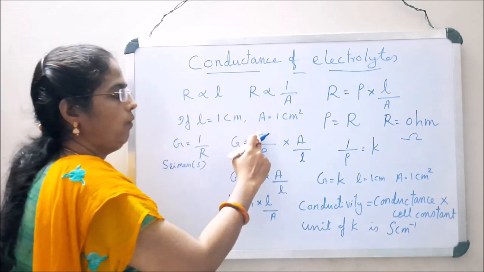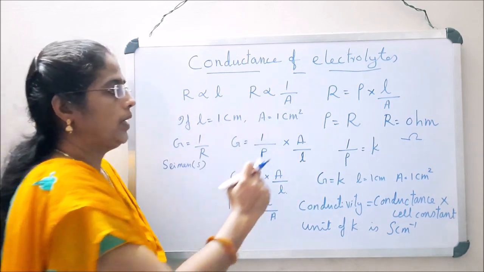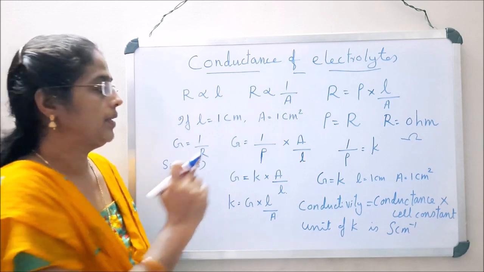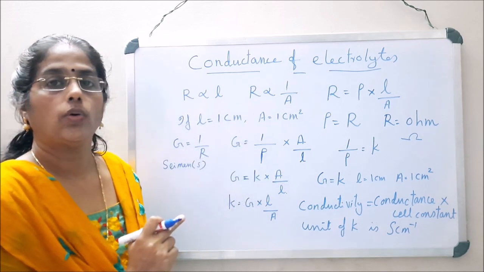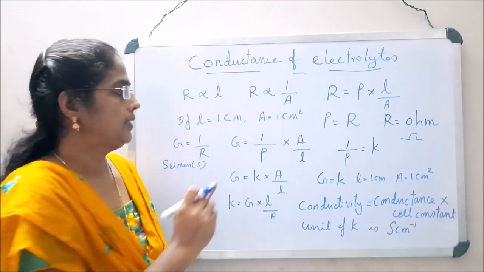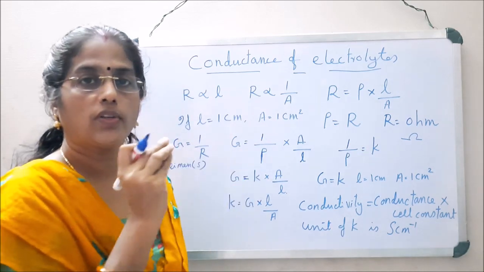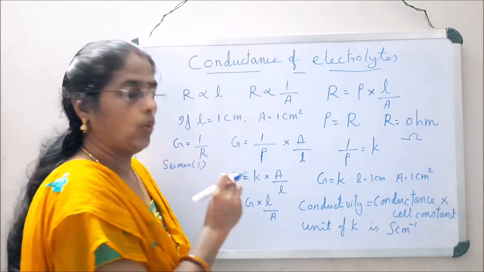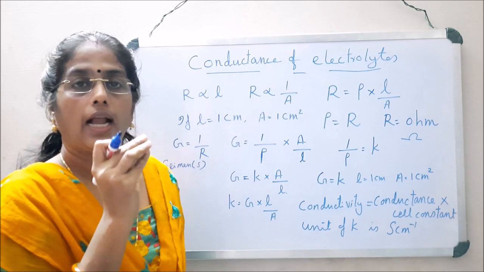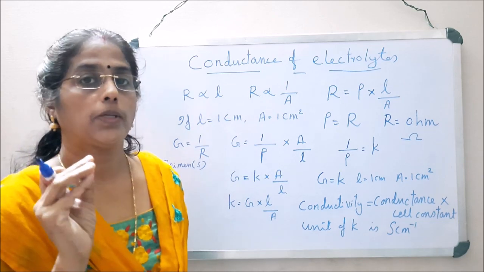In this, 1 by rho can be called the conductivity or specific conductance. That is, reciprocal of resistivity, that is 1 by rho, can be called the conductivity or specific conductance.